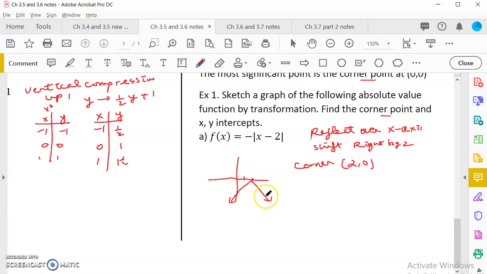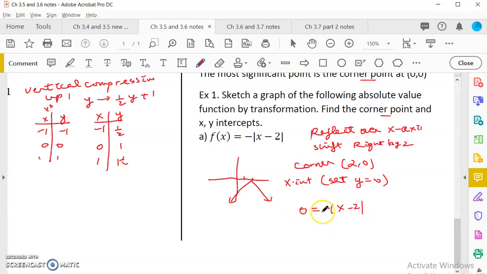What about the x-intercept and y-intercept? We have to solve it. The x-intercept is when you set y equal to 0. So set the output side equal to 0: 0 equals negative absolute value of x minus 2.